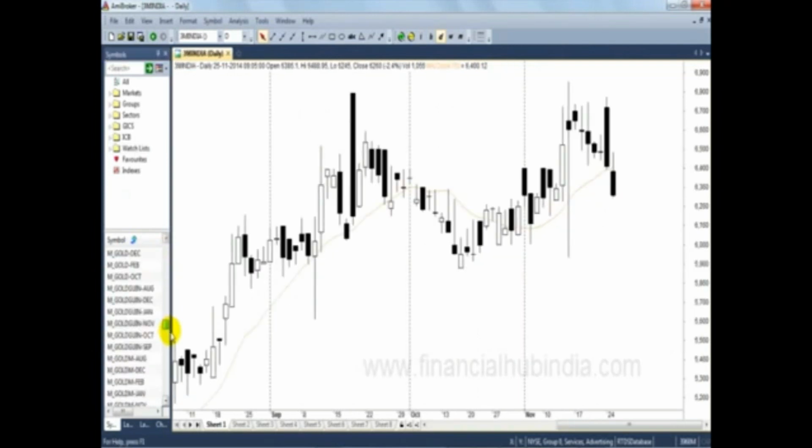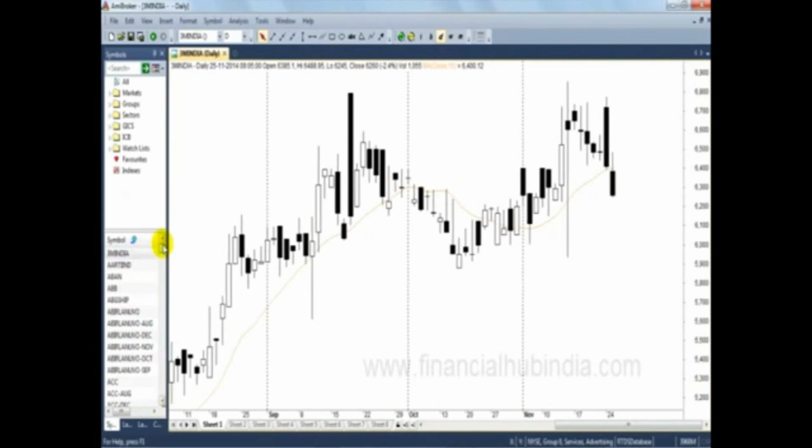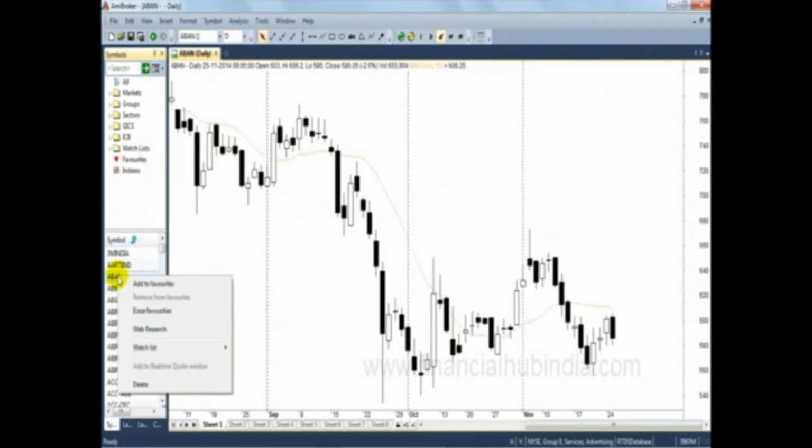Now, we don't trade all these, so I want to make a list of my favorite stocks and commodities that I'm trading, so that I don't need to search for them every time. For that, there is a Favorites window. Let's say you like Aban.